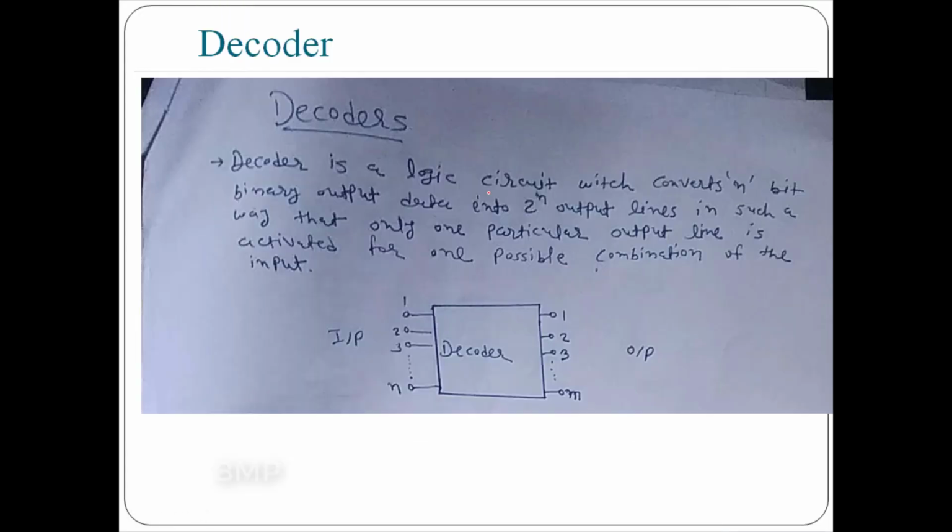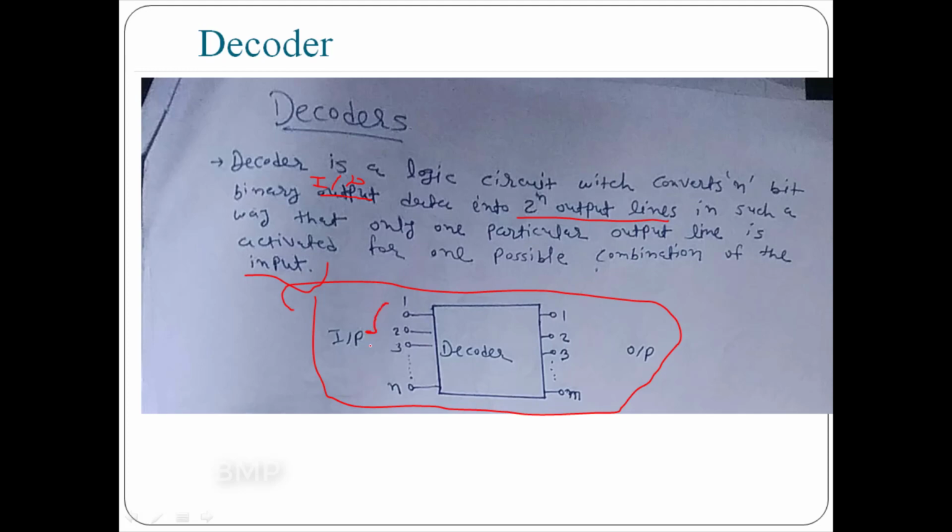Basically, a decoder is a logic circuit which converts n-bit binary input data into 2 raised to n output lines in such a way that only one particular output line is activated for one possible combination of the input. So here we are driving the output lines based on the input.